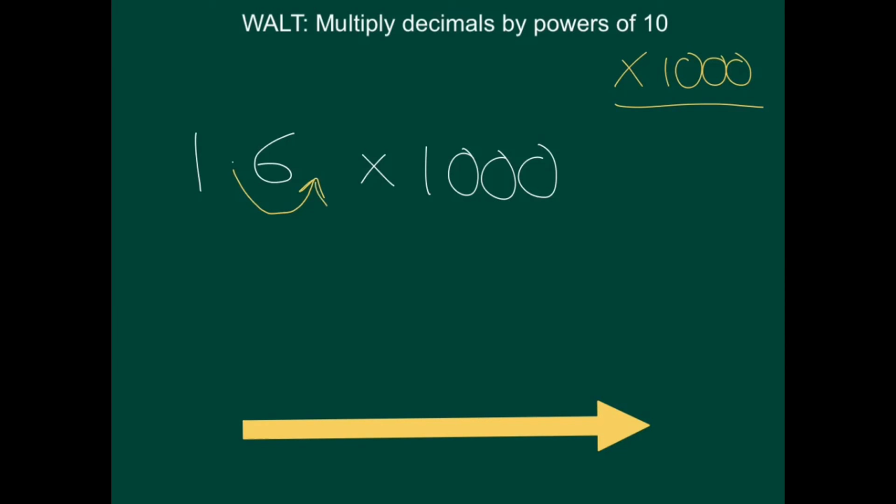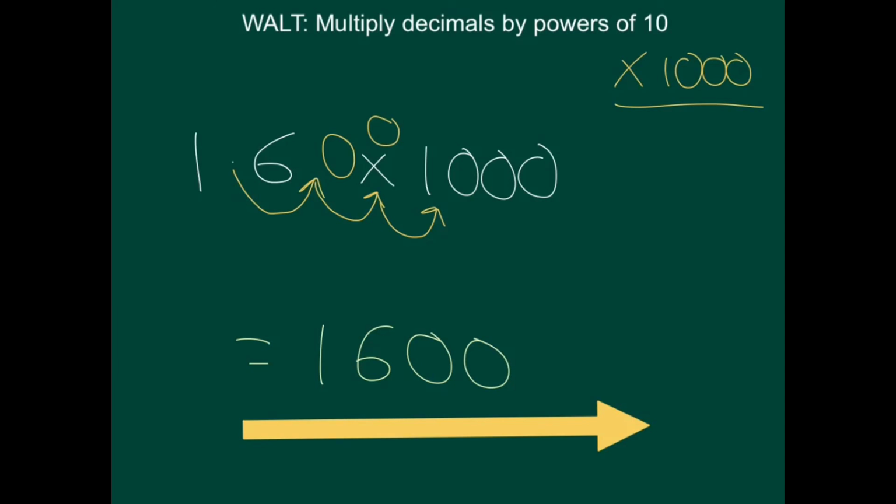Now if we move it again, we have to put in a placeholder of 0, and we need to move it a third time because we're timesing it by 1,000, so we have to put another little placeholder in there. So that means our final answer is going to equal 1,600. Because if you think about it, we had a little decimal place in here, and moved it 1, 2, 3 to put it right here, and we could put our 0.0 in there if we wanted to, just to show where we put it.